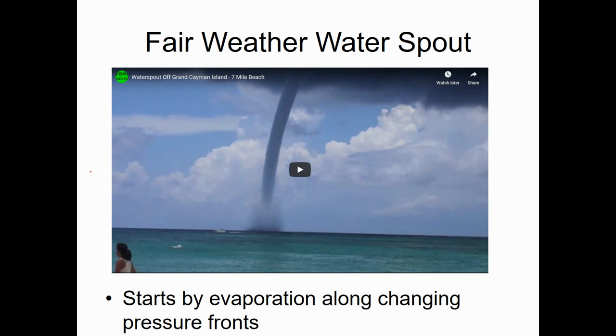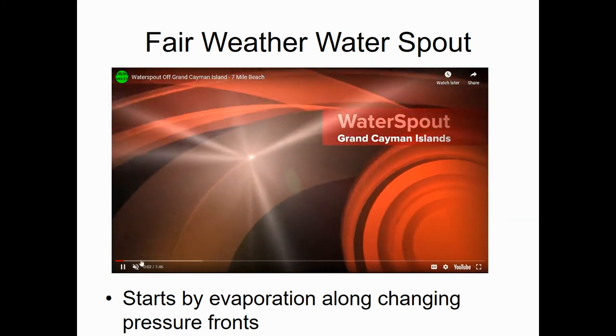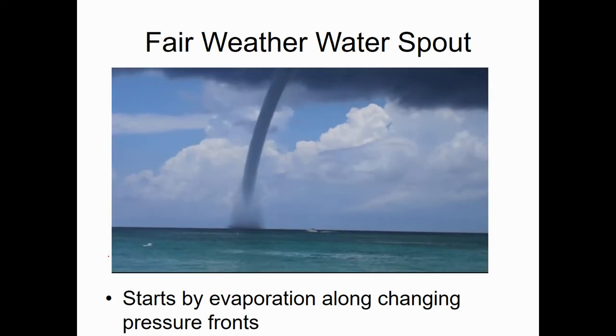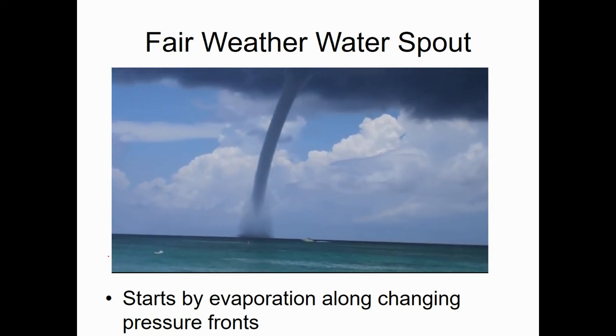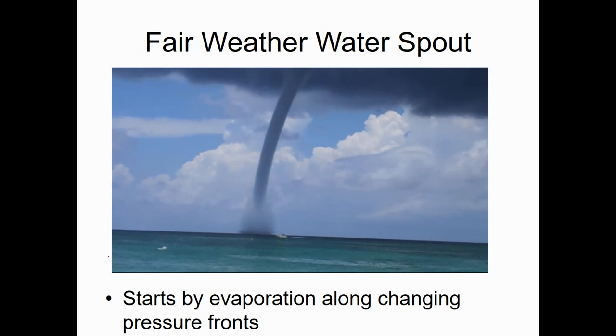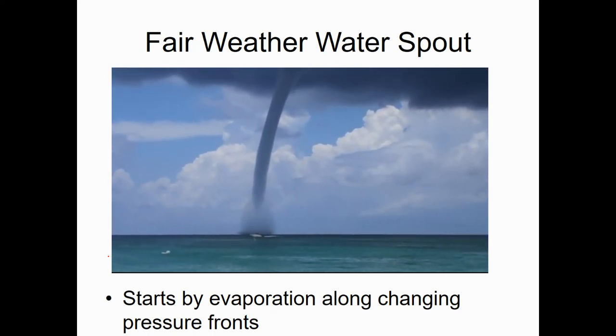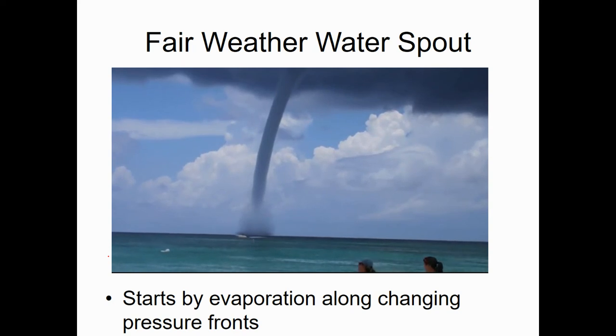If you have a lot of evaporation in a hurry, you can get a water spout. And a water spout is pretty interesting, right? This one's out in the Grand Cayman Islands. And when you have fronts moving in and a lot of warm temperatures from the sun, that water is absorbing that energy.